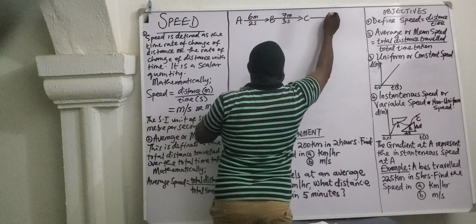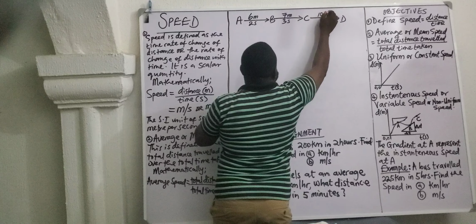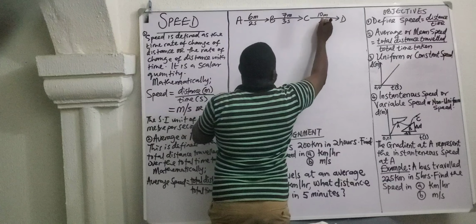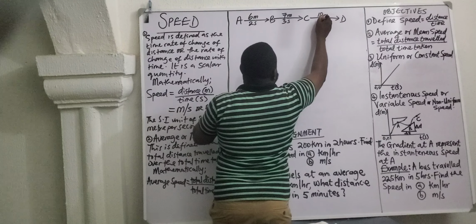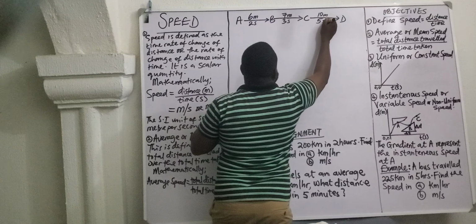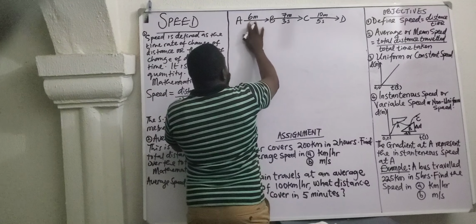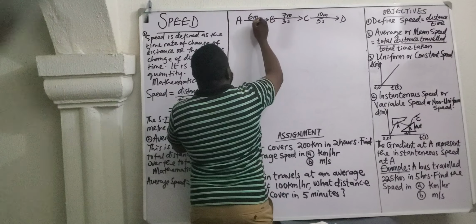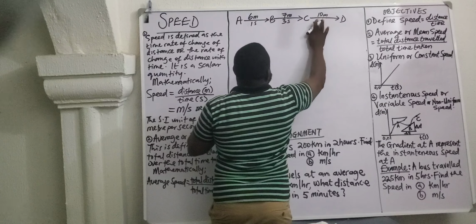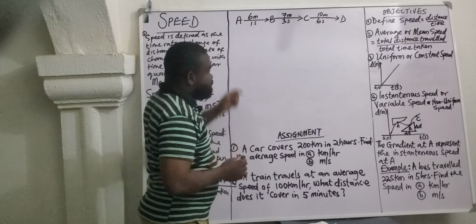And then from point C to point D, a distance of 10 meters, using a time interval of, let's say, 5 seconds. Now, let me change the first time to 1 second, and let me change the last time to 6 seconds.